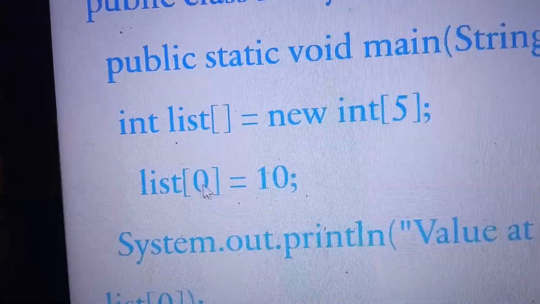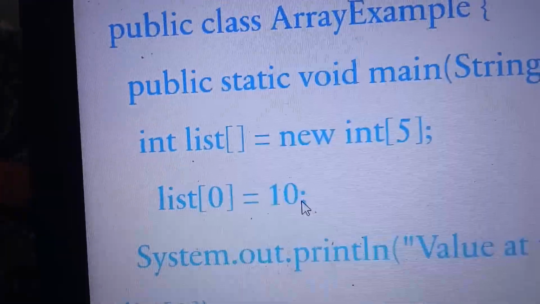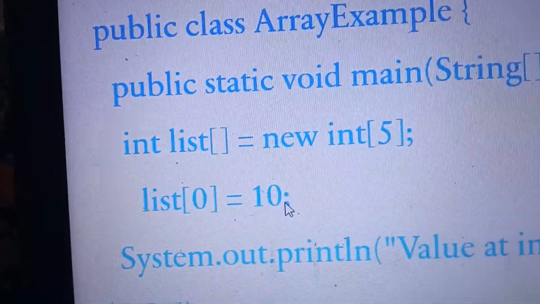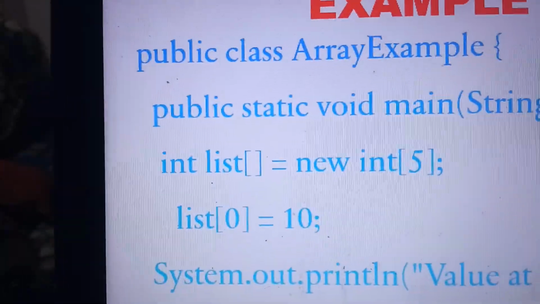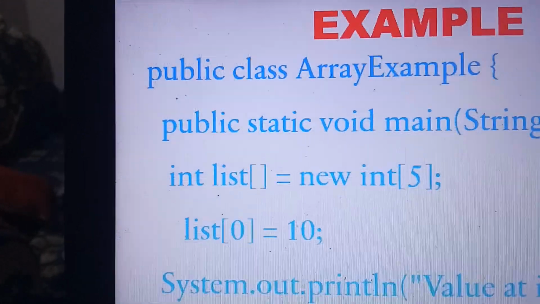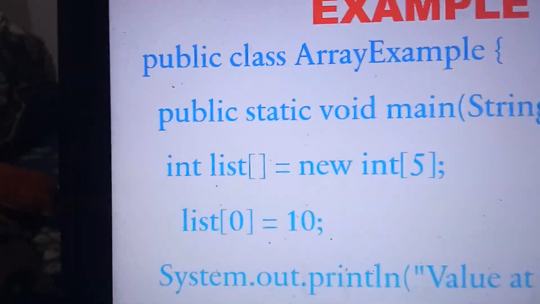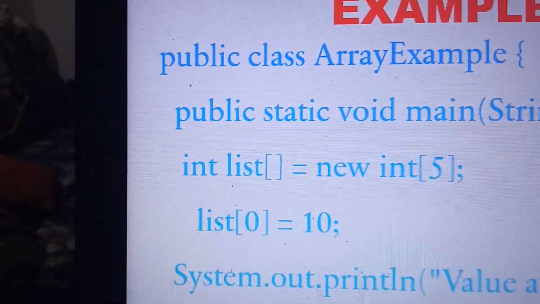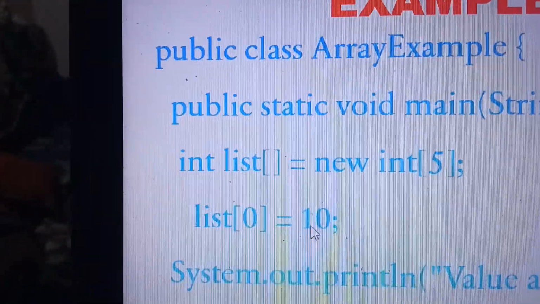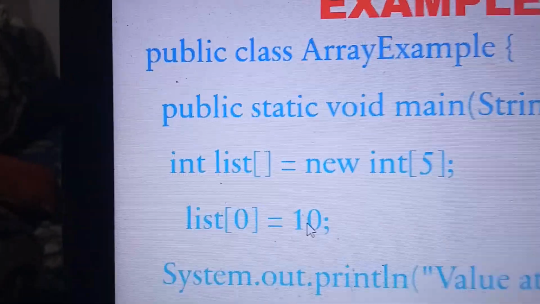Here I assigned list of 0 equal to 10, meaning the first position, the 0th position by index. So list at index position 0 equals 10. Like this I assign the first value.